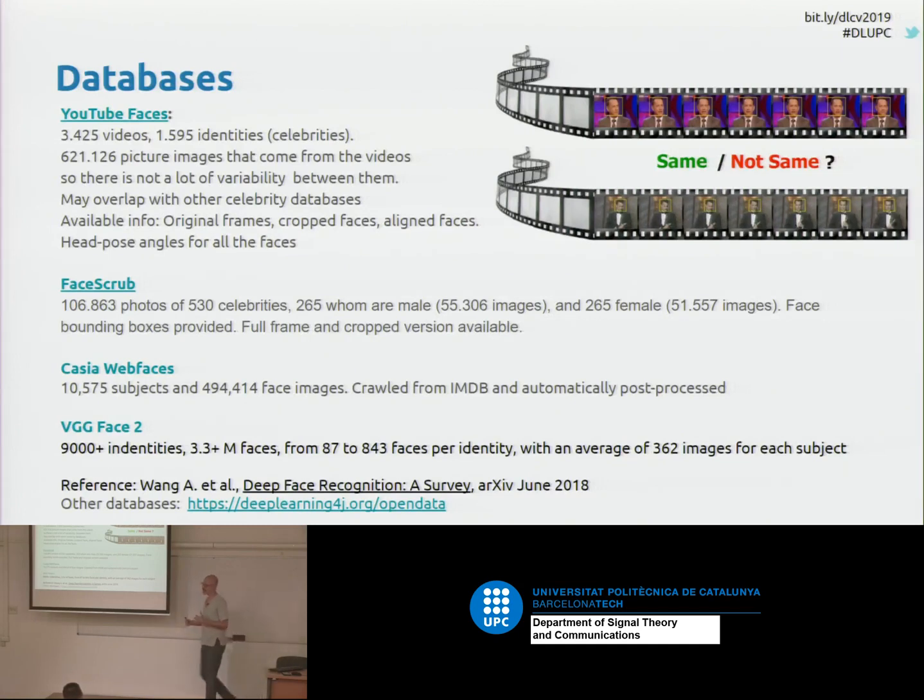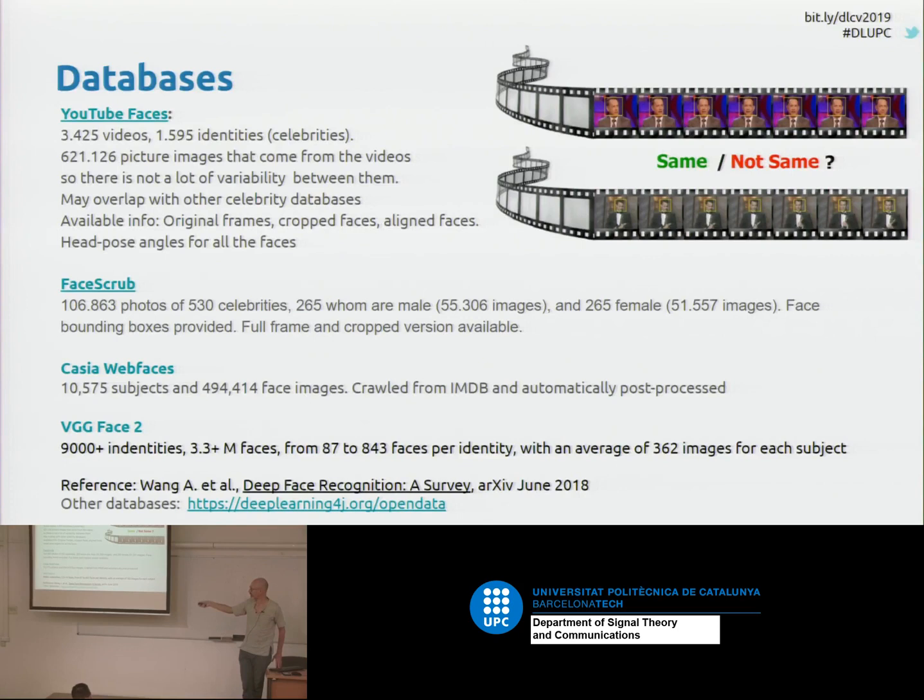Most of these databases are created automatically by mining the internet, and most of them use, for instance, databases such as IMDB, a website for films containing information about the actors and so on. So then you can collect images from here, and you know the identity of these persons. Otherwise, you have to supervise and put the identities by hand.